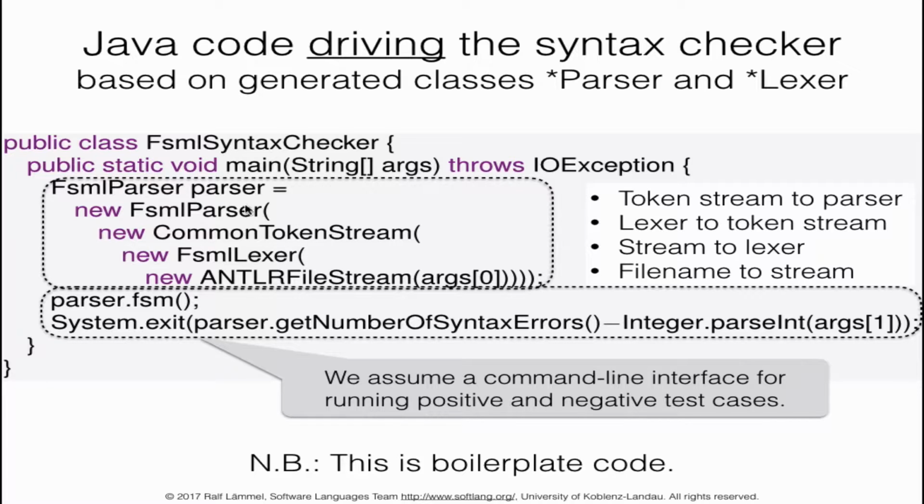So this is just this kind of cascade of object construction to eventually be able to invoke the parser. That is, we invoke the method fsm corresponding to the fsm non-terminal of the grammar. And then we just check that the number of syntax errors presumably equals the number of expected syntax errors. Only then we return a zero exit code.